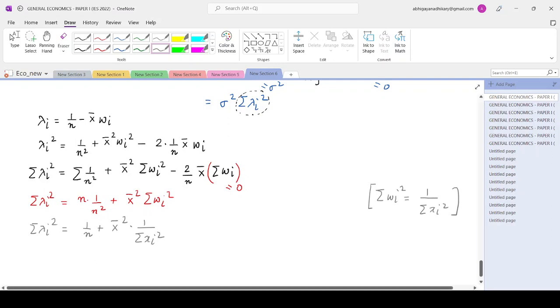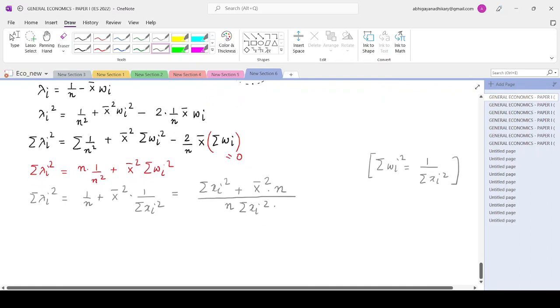Okay, so if we take the LCM to get a simplified structure, it will be summation small x_i square plus x bar square times n, divided by n times small x_i square.